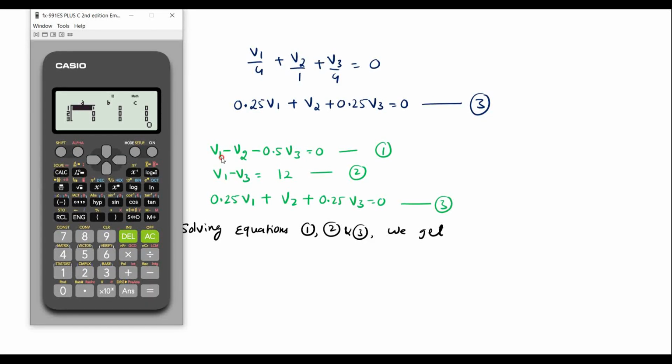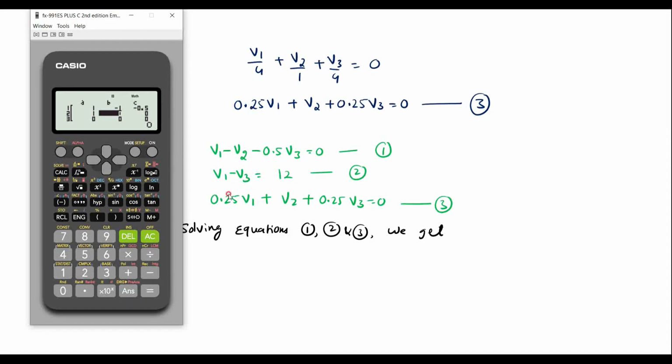In the first equation, coefficient of V1 is 1, coefficient of V2 is minus 1, coefficient of V3 is minus 0.5, and D is 0. Now the cursor will go to the second equation. Coefficient of V1 is 1.